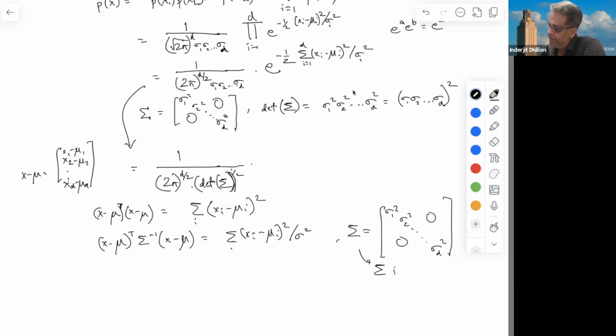This matrix sigma is diagonal. I apologize, because you have to realize that there are two sigmas out here.